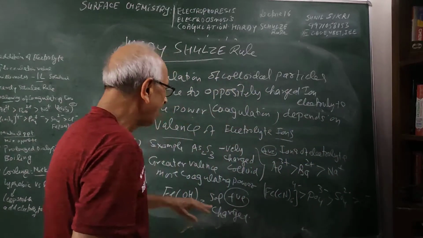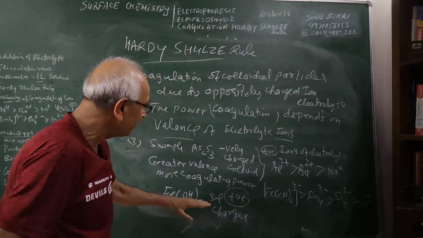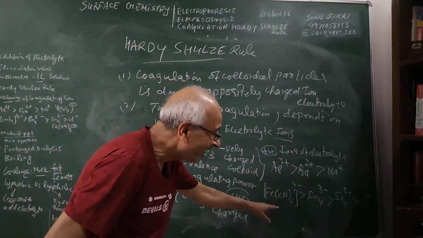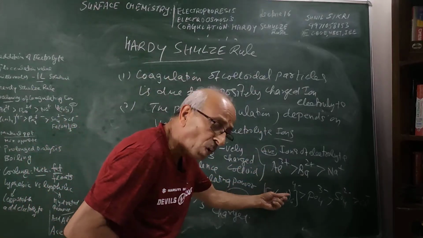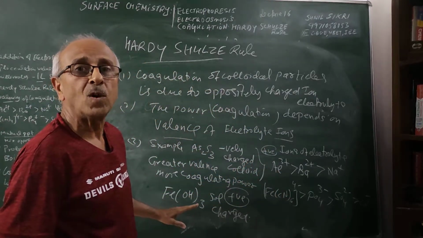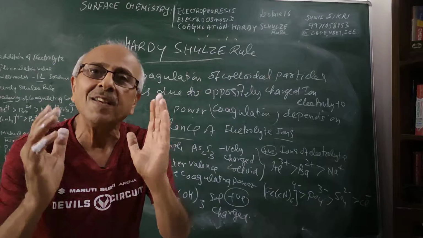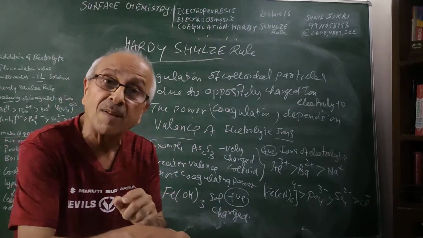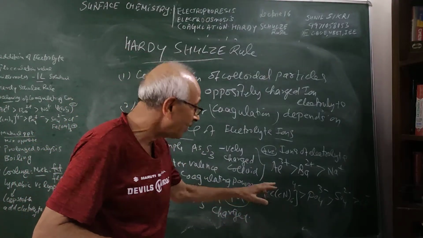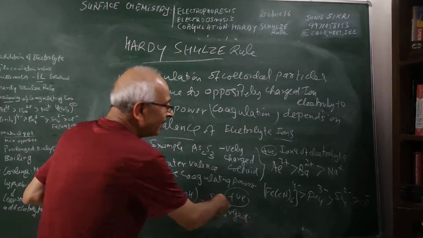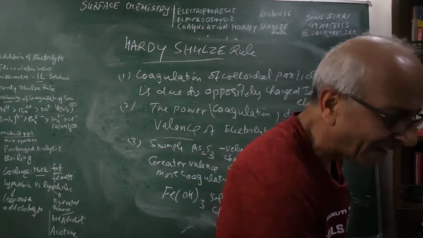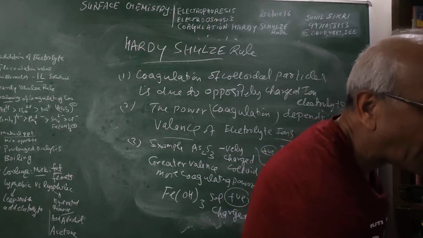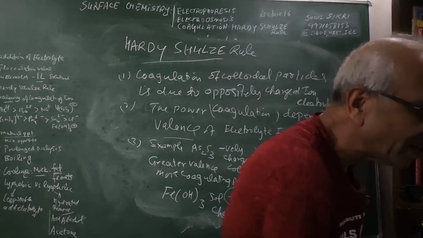So a positively charged sol needs a negatively charged ion to coagulate. The more the valence, the more the coagulating power, and the lesser the amount of electrolyte required for coagulation. This is the Hardy-Schulze rule, which is very important for the exam, student, and is asked repeatedly.